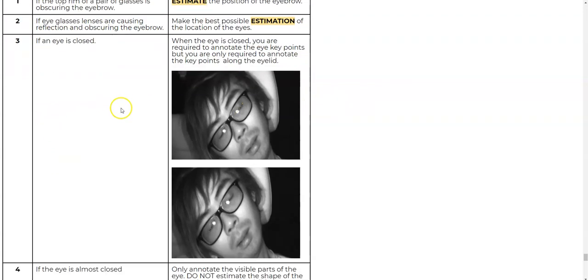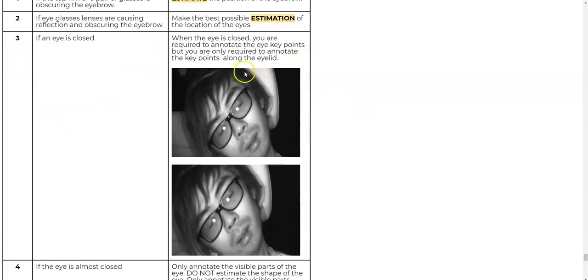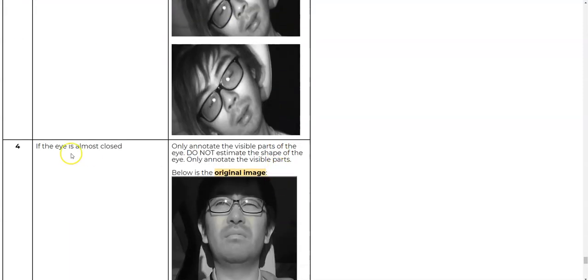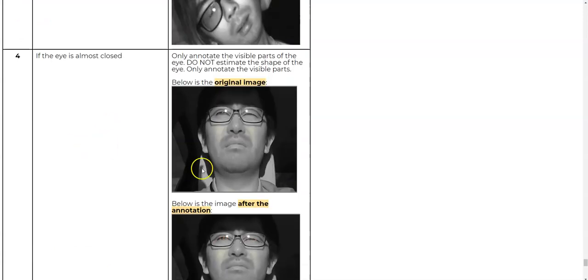If an eye is closed, you are required to annotate the key points, but only along the eyelid. If the eye is almost closed, only annotate the visible part of the eye, do not estimate the shape of the eye.